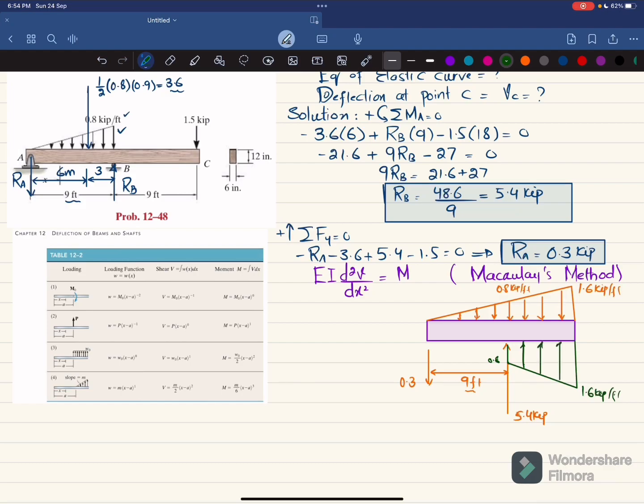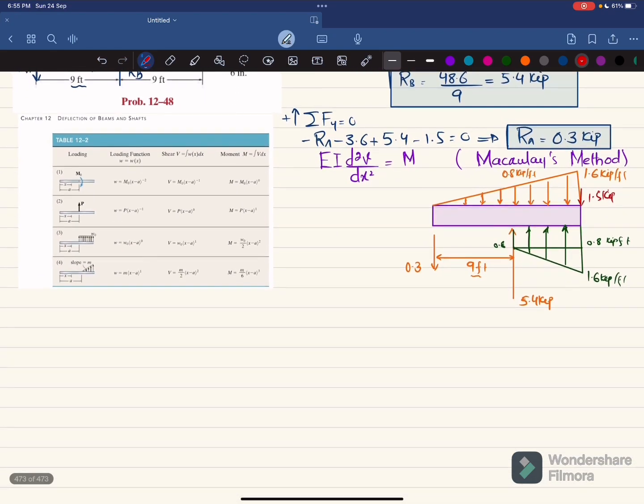Okay, now you can see this 0.8, if we treat it like uniformly distributed load, so till this it will be 0.8 kips per feet, and from here it will be 0.8 to 1.6, and at the end we have a point load of 1.5 kips as well. So this is 1.5 kips load.